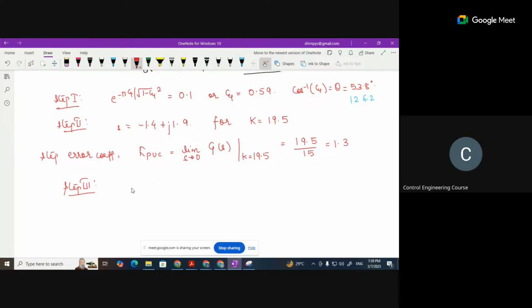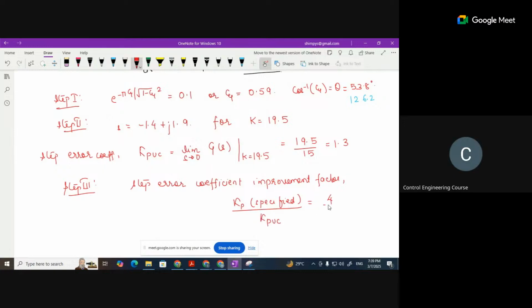And then the next step is the improvement factor. What is the improvement factor? The step error coefficient should be greater than or equal to 4, right? So the step error coefficient improvement factor, beta, that is specified to be 4 divided by Kp for the uncompensated system.